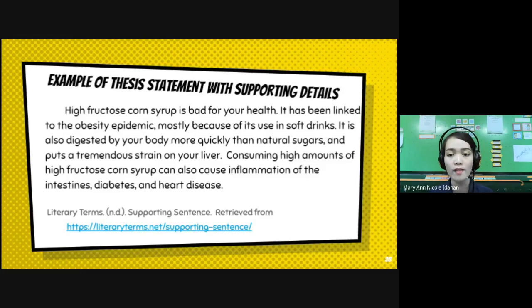You might give more evidences, you might give more specific details, aside from the supporting details that you have given. Of course, they should still be related to each other. So the supporting details that you have must be related to the other examples that you're going to give on the body part of your essay. Okay?